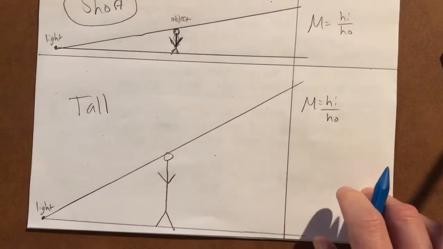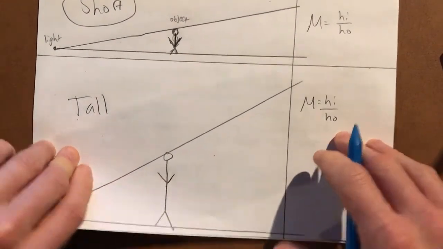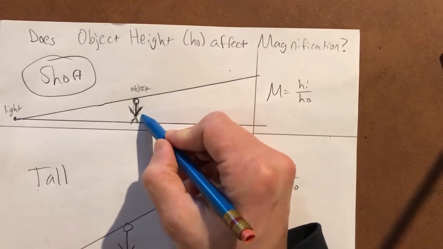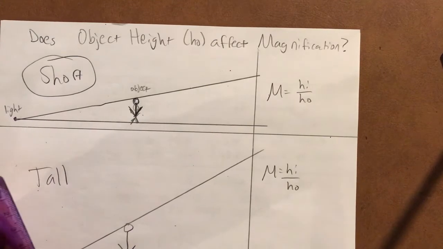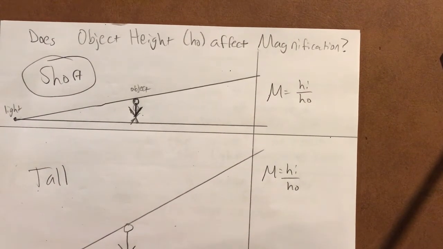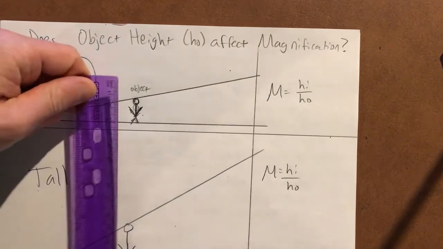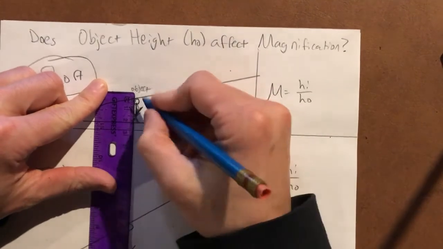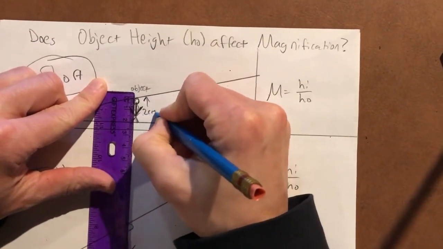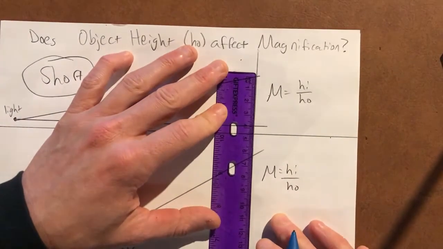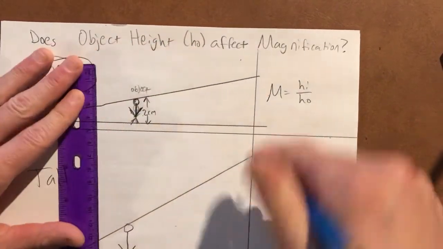Okay, so let's measure the height of the object for the small guy. I'm not going to use the distance formula this time. So to measure the height of the object, take out your ruler, and I get 2 centimeters for my object, and the height of the image is 4 centimeters.